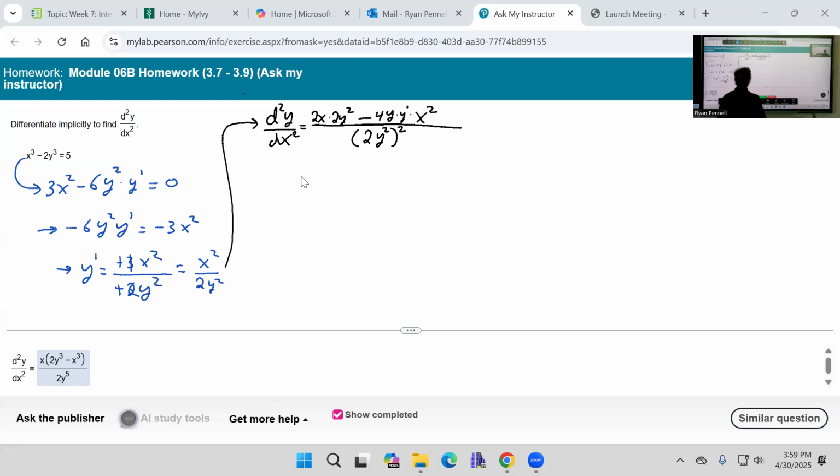Okay, from that, 4x y squared minus 4x squared y prime over 2y squared squared.